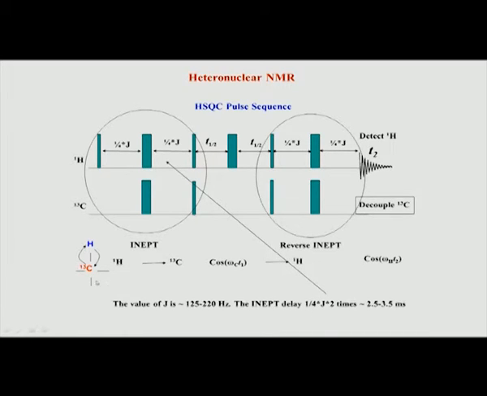For example, if you are only interested in aliphatic, meaning only sp3 carbons, then your value can be somewhere around 140. For that value you choose a delay accordingly: 1 over 4 times 140 times 2. If you want to look at aromatic systems, your J coupling will not be 140, it will be around 160 to 180. If you choose that J value, this delay value will change accordingly.